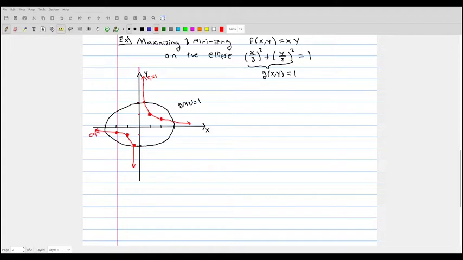At c equals 0, you have a level curve that looks like this, on both the axes. And for c equals -1, you have a hyperbola that looks like this, and then the same thing on the opposite side as well.